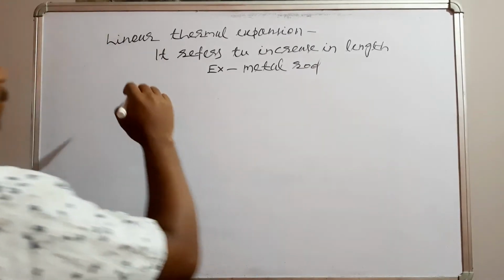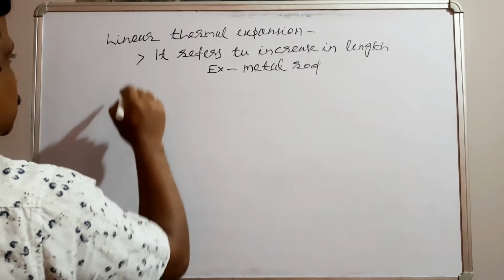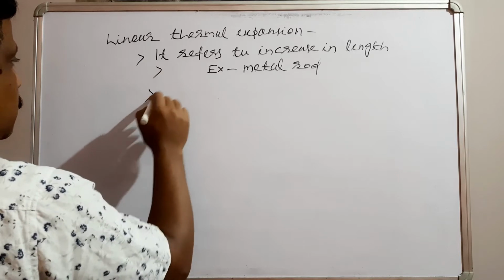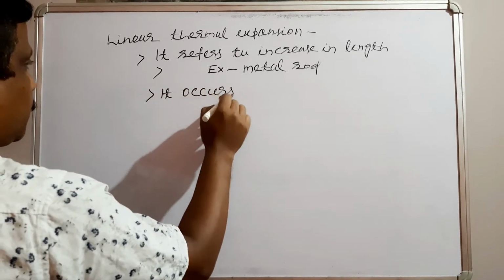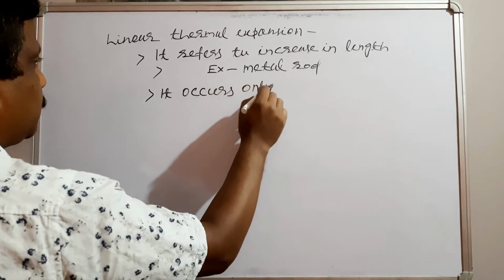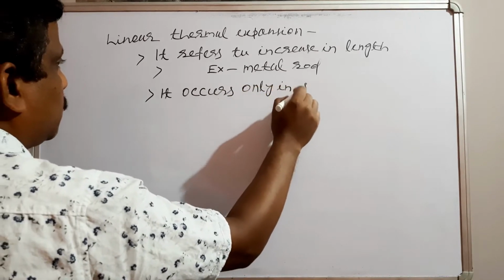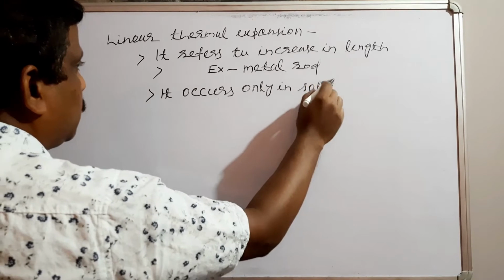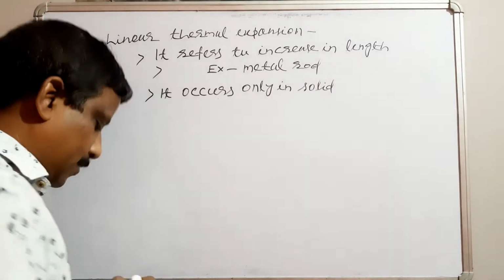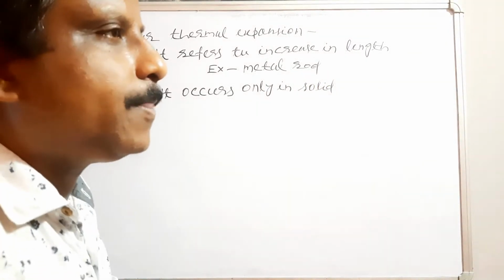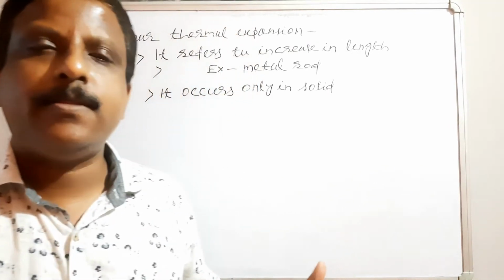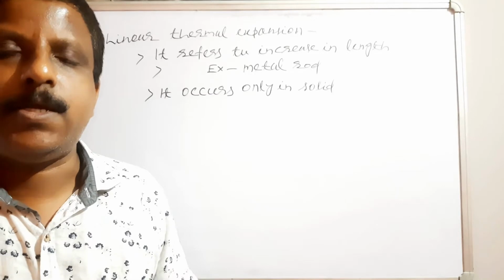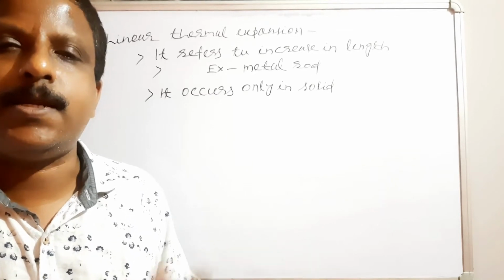Where does it occur? It occurs only in solids. Why only in solids? Because liquids and gases have no definite length or shape or size. That's why it occurs only in solids.